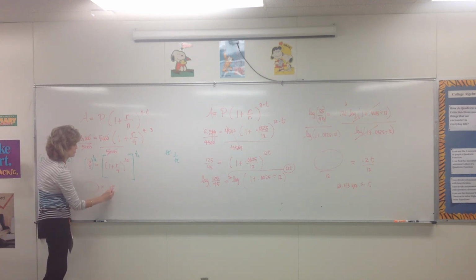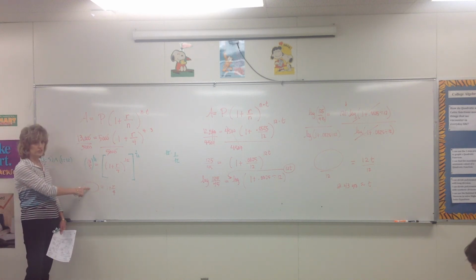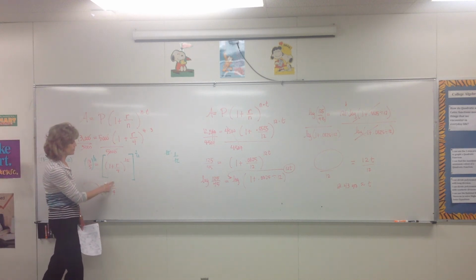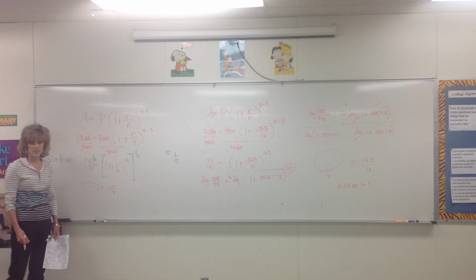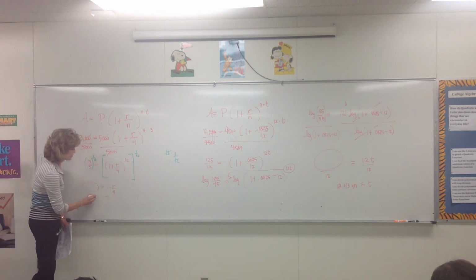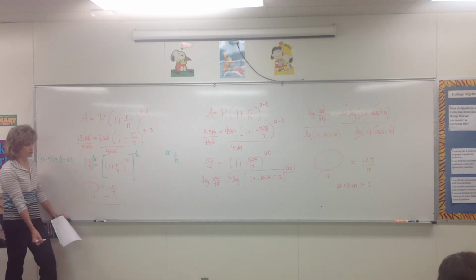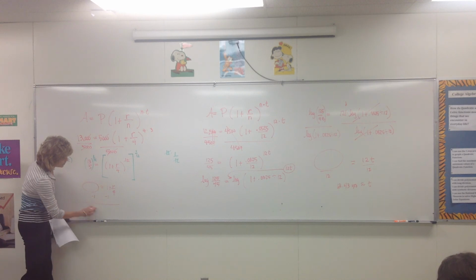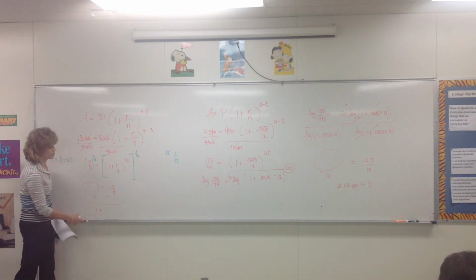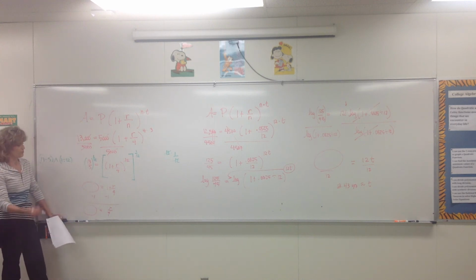Okay. So now you have some number on your screen and you know that it equals 1 plus rate divided by 4. So in order to solve for the rate, I need to subtract 1 from both sides. Whatever number you have on your screen, subtract 1 from that. Then you have a new number on your screen that is equal to r divided by 4. So then you multiply by 4.